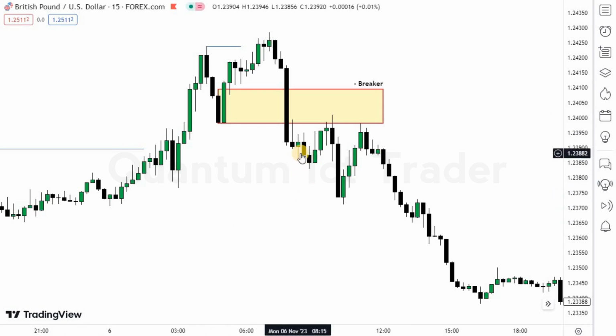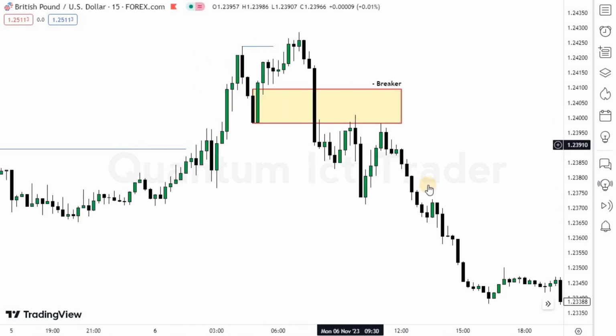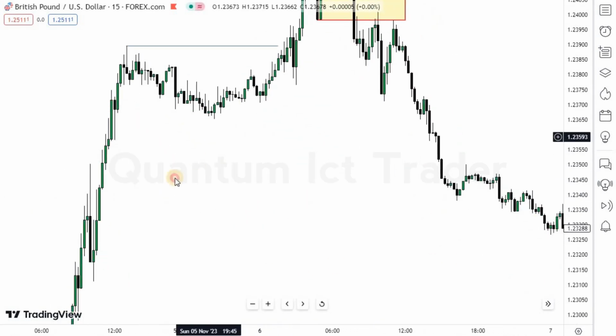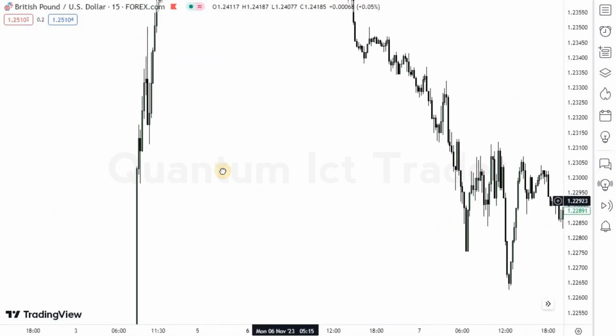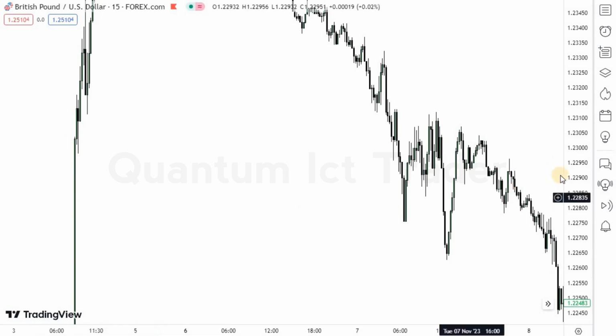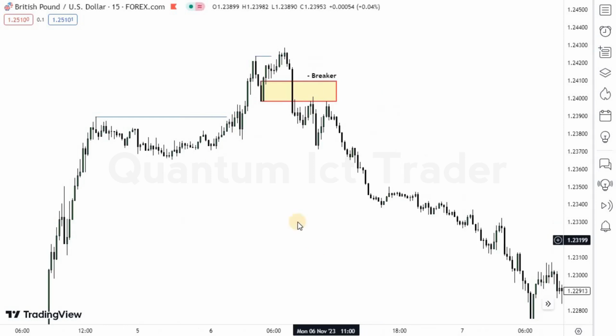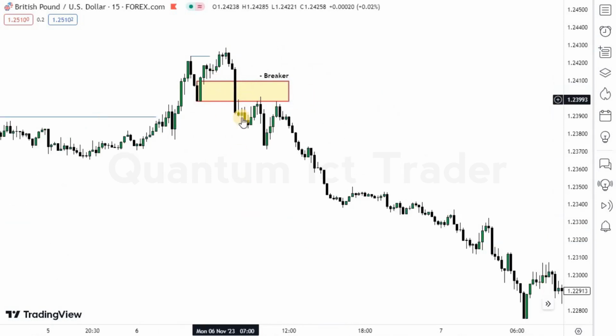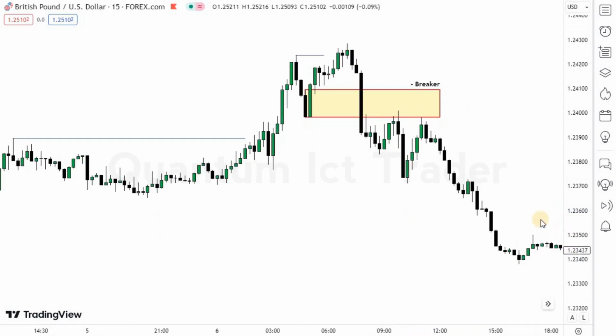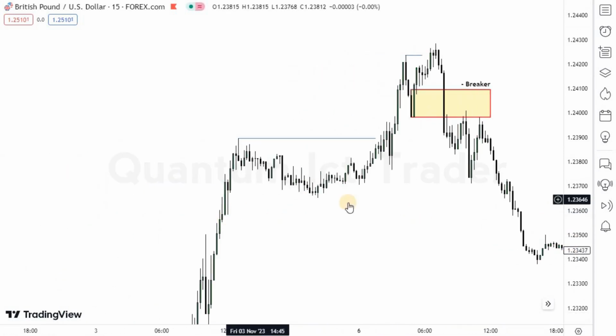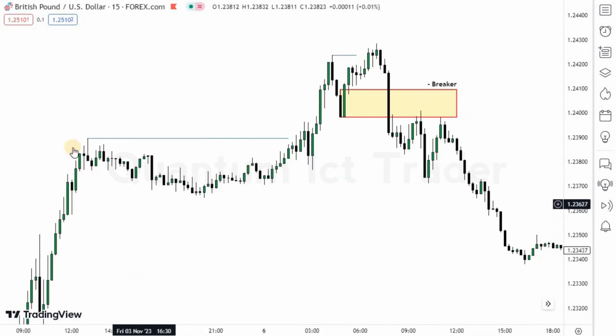And you could see price beautifully respected that and went for the sell side, and the liquidity pools over here, and the liquidity pools over here. Okay, so why did price respect this breaker so beautifully? It's like what I showed you before on the EURUSDT.